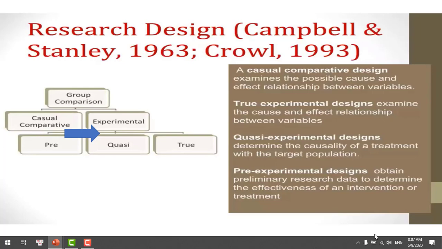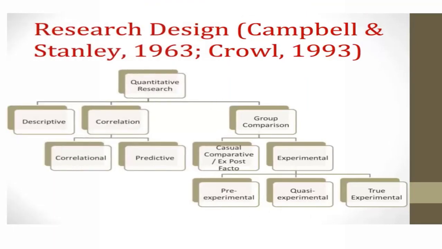With the quasi-experimental design, we are going to determine whether there is a cause and effect in the treatment. And then finally, when we have the true experimental design, this is when we carry the full experiment to see whether that relation or correlation that we saw at the beginning is true or not. So here we have the big picture for quantitative research.